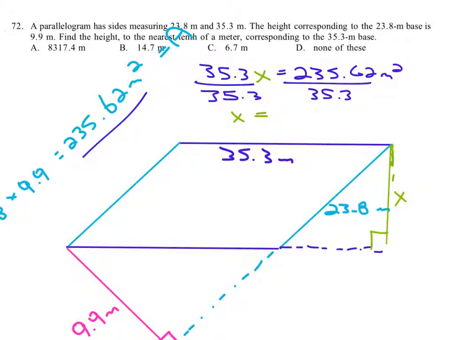This is to the nearest tenth of a meter, so we look here, is that 5 or higher? Yes. So the 6 goes up to a 7, so 6.67 becomes 6.7. Do we see that answer? We do. It's right there, C.